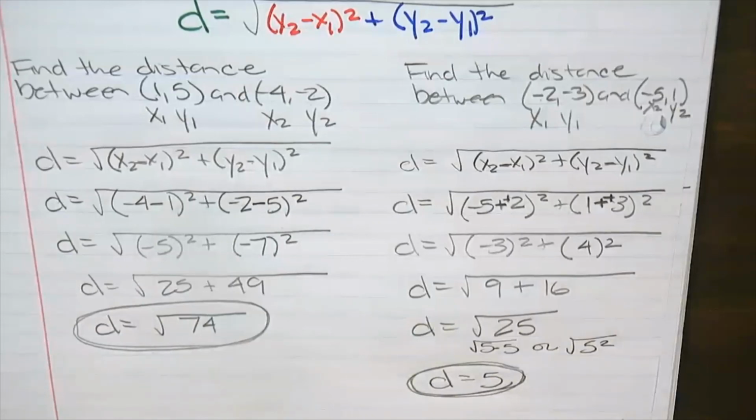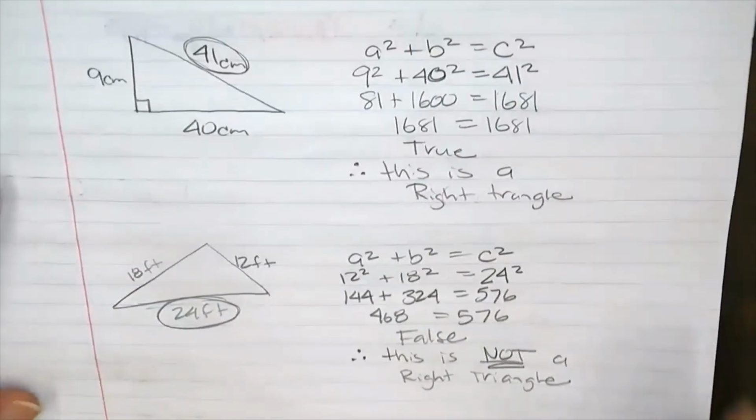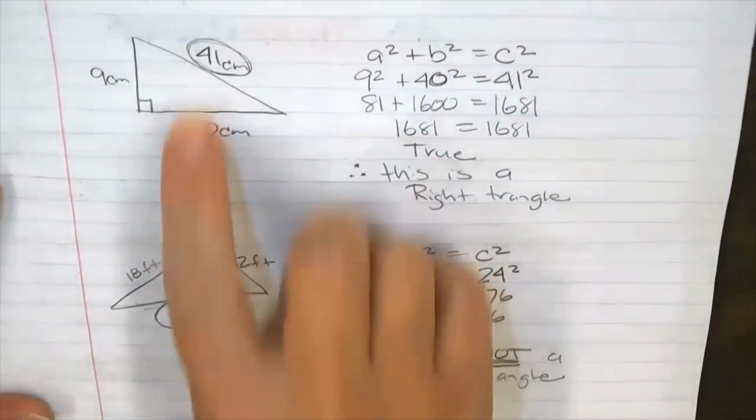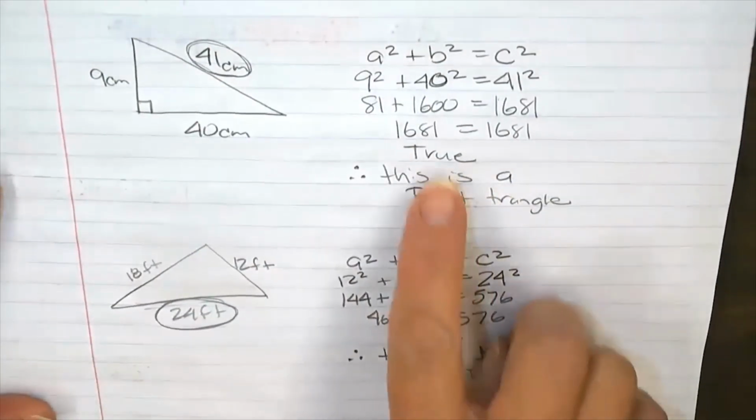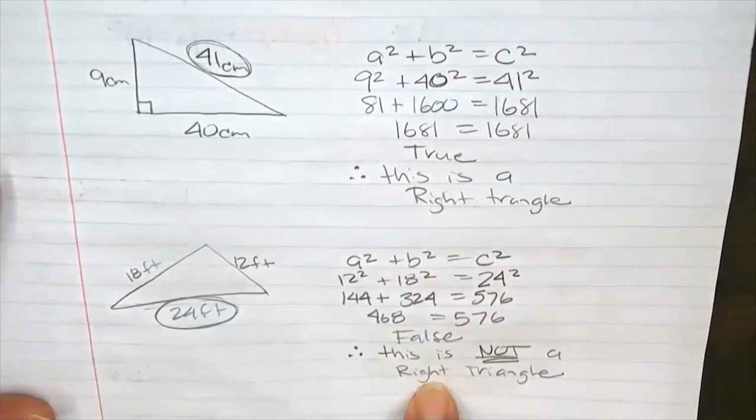So that's what we're doing today. We are using the Pythagorean theorem to determine whether triangles are right triangles or if they are not right triangles.